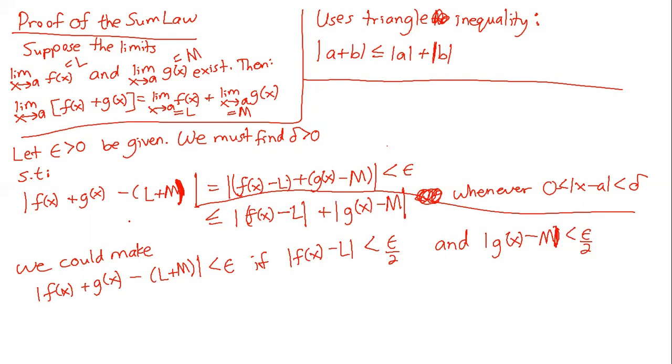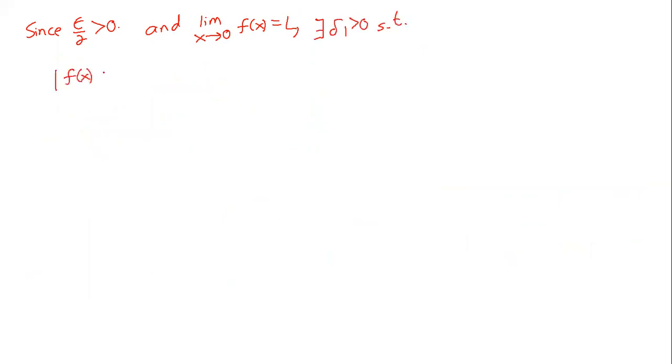So let's try to see if that could work out. Since epsilon over 2 is greater than 0, and the limit as x goes to a of f of x is equal to L, there exists a delta 1 greater than 0 such that the absolute value of f of x minus L is less than epsilon over 2 whenever 0 is less than absolute value of x minus a is less than delta 1.